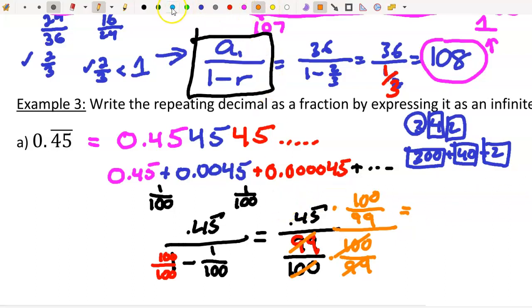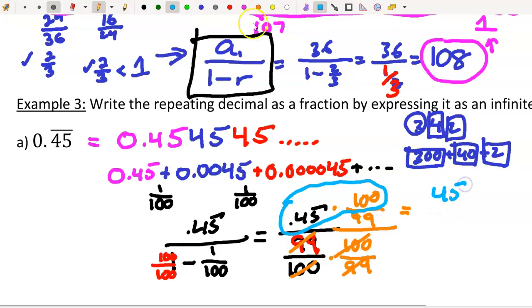And we have 0.45 times 100, right? That just moves the decimal twice, so you get 45. And then the denominator here is 99.